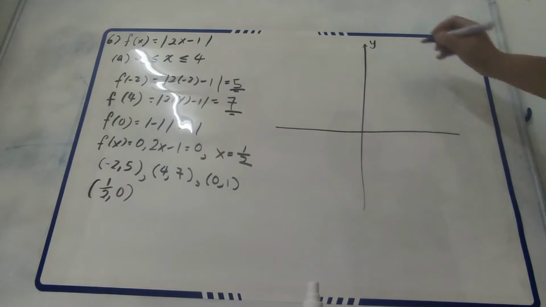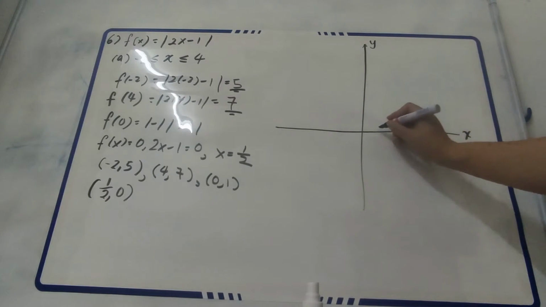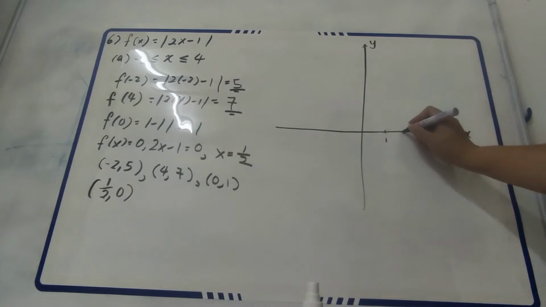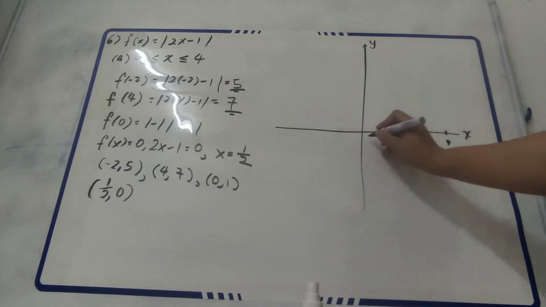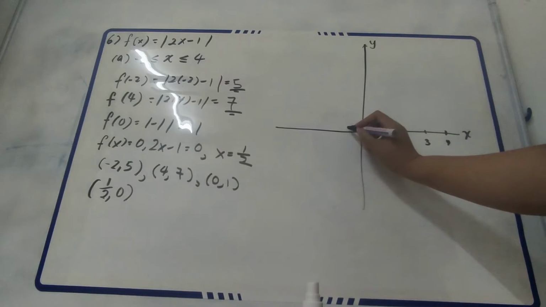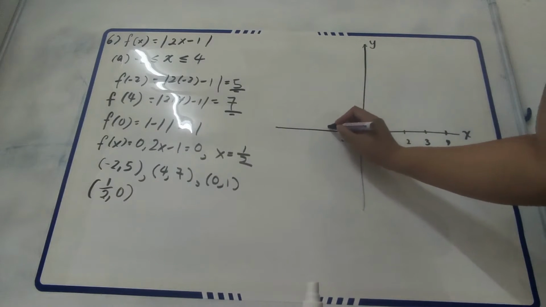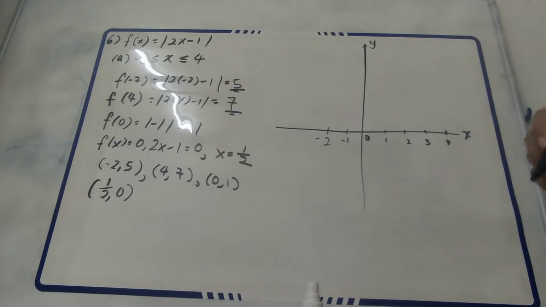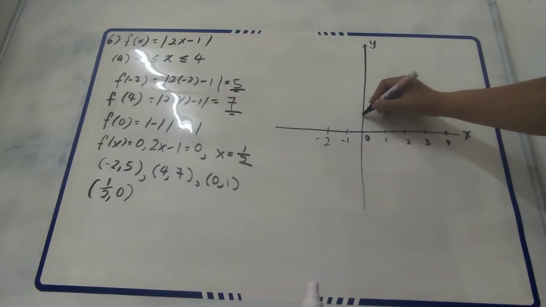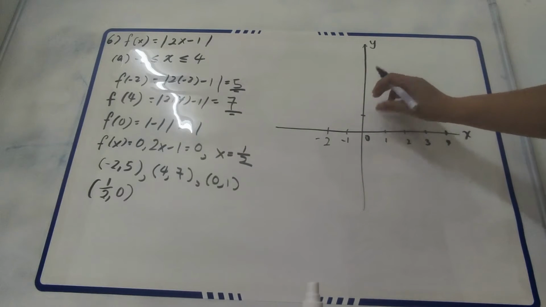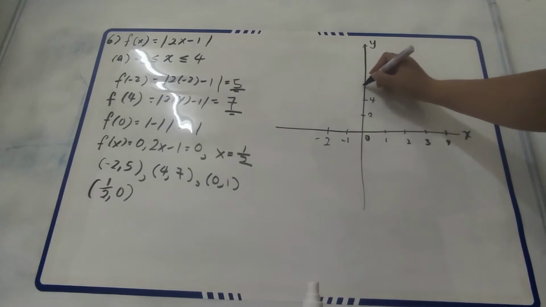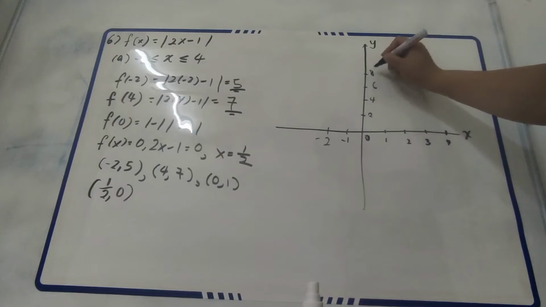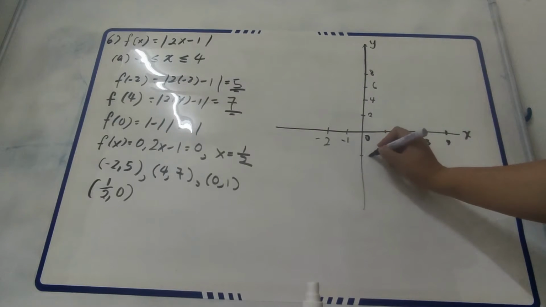This is the y-axis, this is the x-axis. Okay, let's say 1, 2, 3, 4, 0. So you have minus 1, minus 2, and then here we use one scale is 2, then 4, 6, 8, and then here is minus 2.